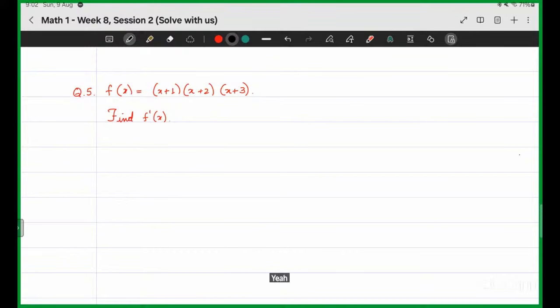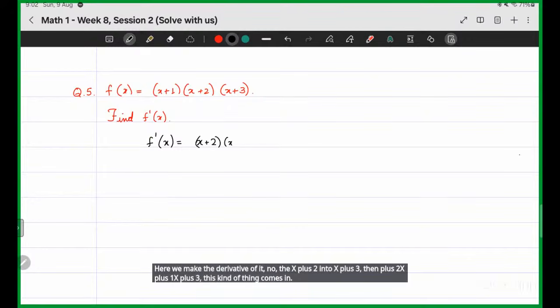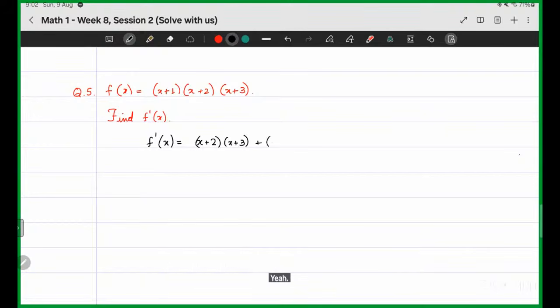Yeah, so what's the answer? Here we take the derivative of it, no? The x plus 2 into x plus 3, then plus 2, x plus 1, x plus 3, this kind of thing comes in. So you can simplify this.